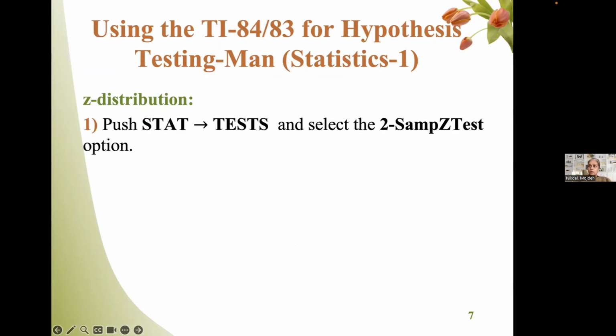On the top row, we have edit, we have calculate, we have tests, and we have something else. I can't remember right now. You pick tests. And under the tests, you're going to pick the two sample Z-test option.